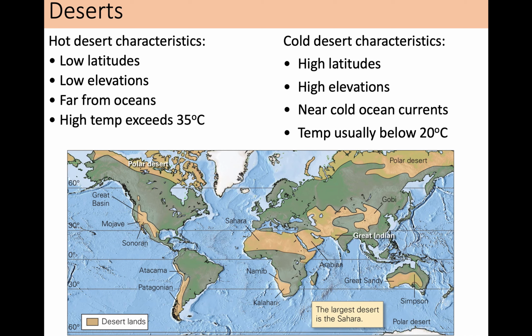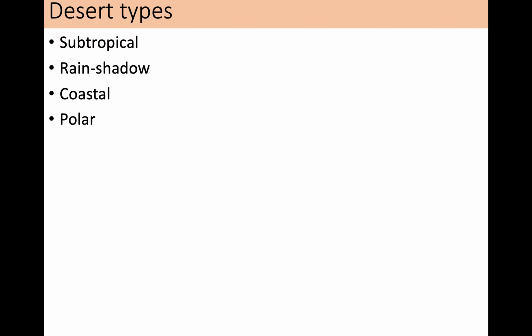They usually have high elevation, and they're near cold ocean currents, so they're in the poles. Temperatures are generally very, very cold. So there are two different types, cold deserts and hot deserts. Hot deserts are more abundant than our cold deserts.